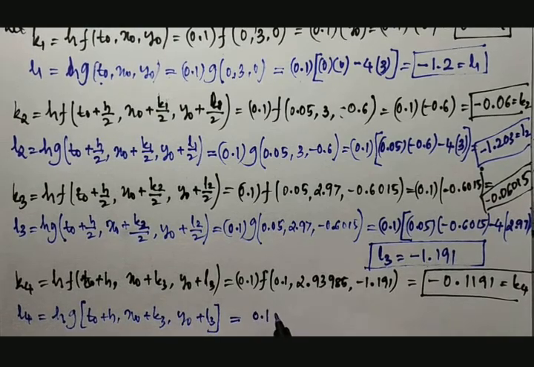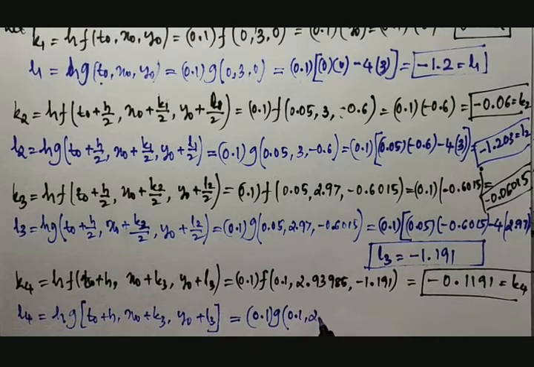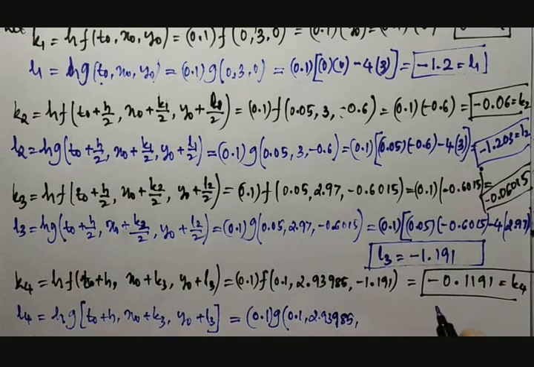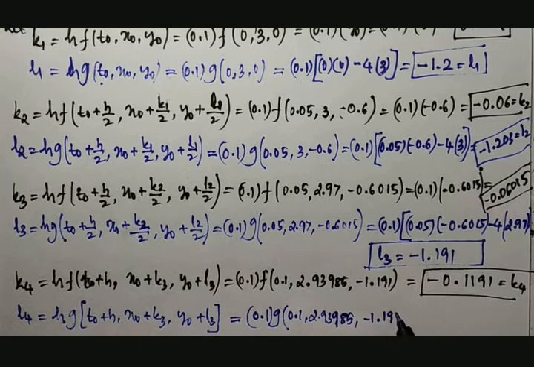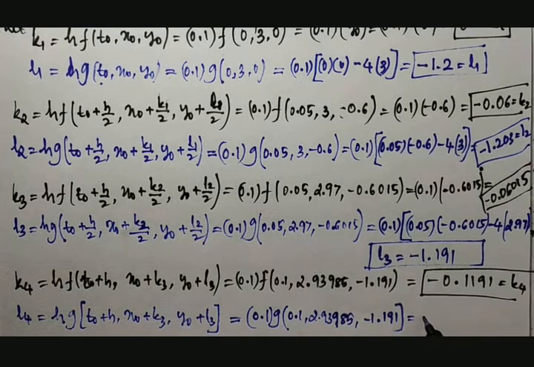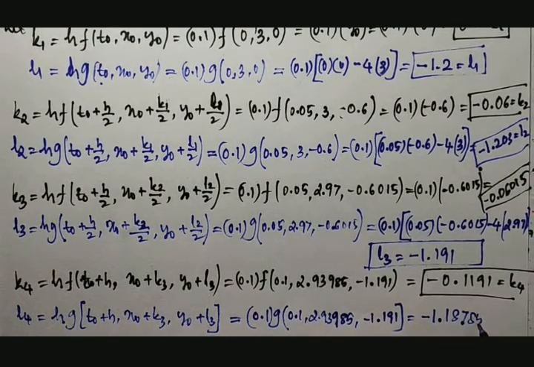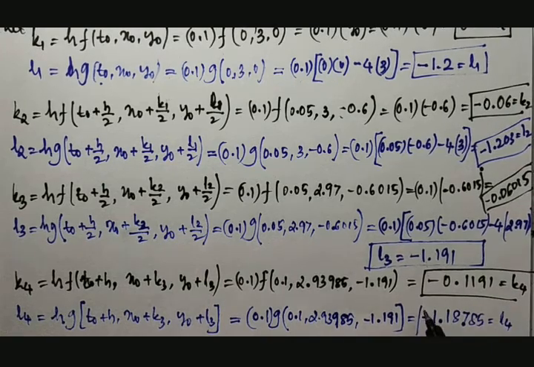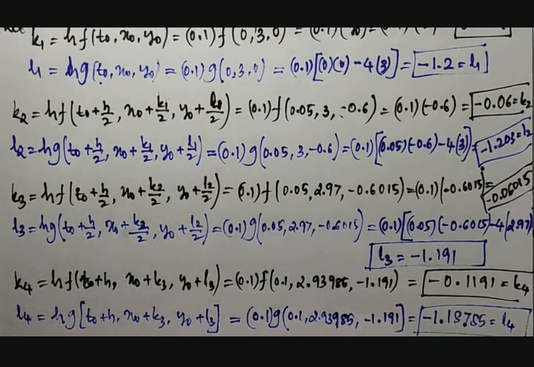So it is 0.1 into g of 0.1, 2.93985, then it is minus 1.191. This is equal to L4 is minus 1.18785. This is L4.